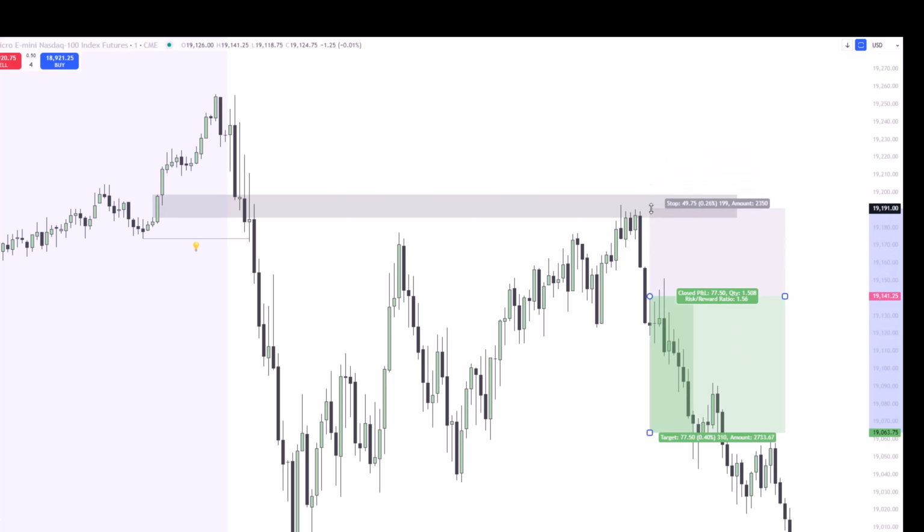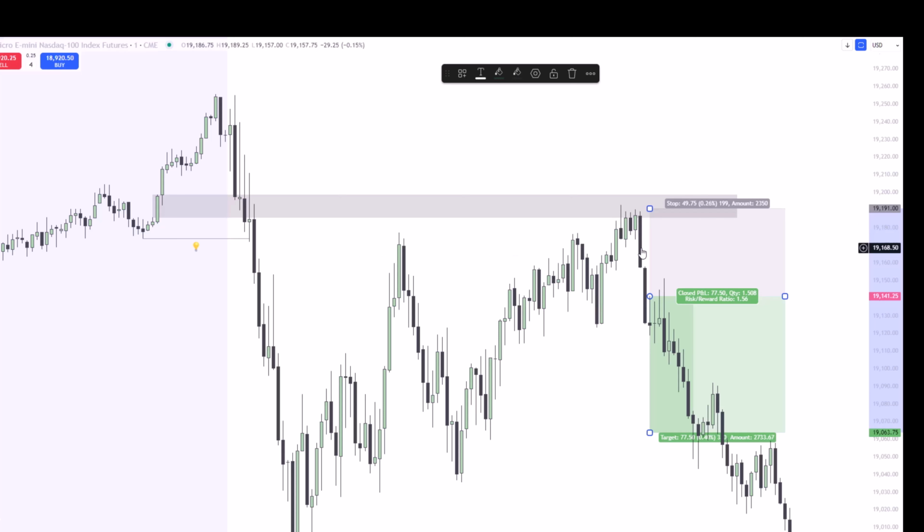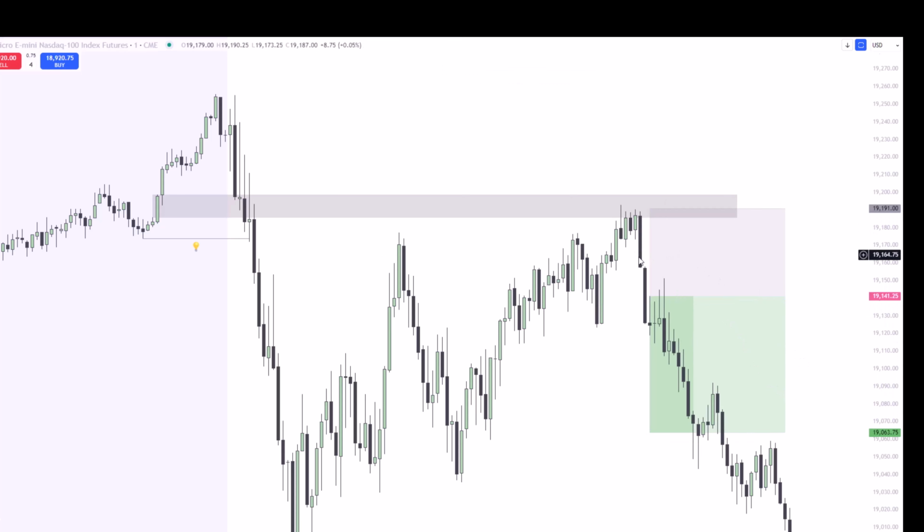And once again, if you're conservative, put your stop loss above the candle that formed the first FVG, but the first FVG, guys, is usually your breakaway gap. So we don't want price to trade there, but price can wick there. So we have to consider at least the midpoint of that FVG.